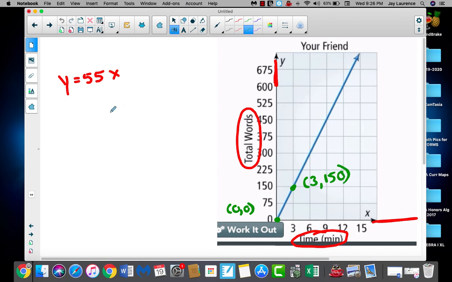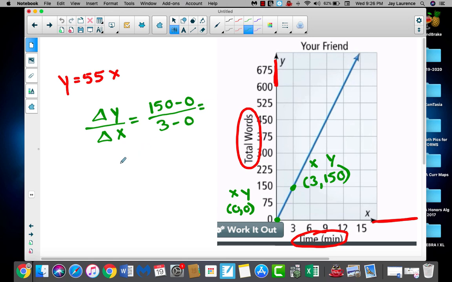So I'm going to find the change in y over the change in x, and that's going to equal 150 minus 0, remember, x y and x y, over 3 minus 0.